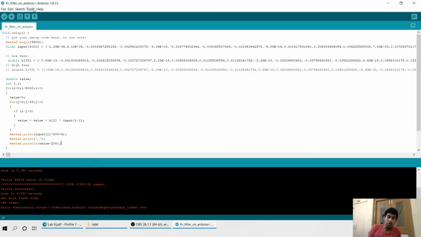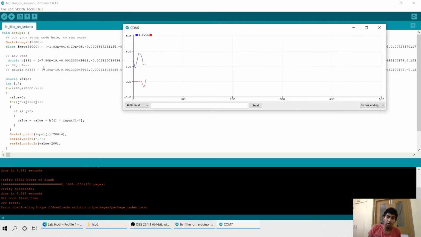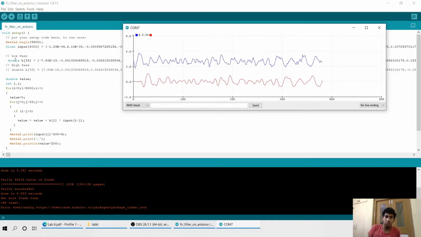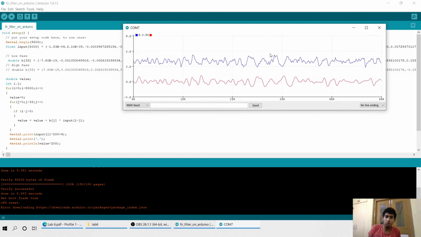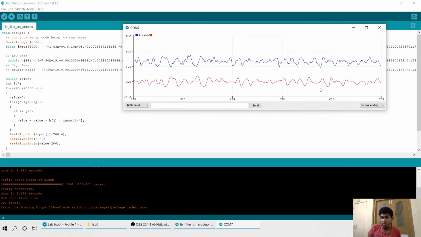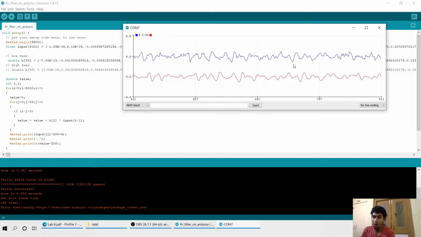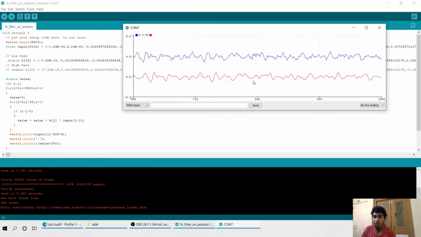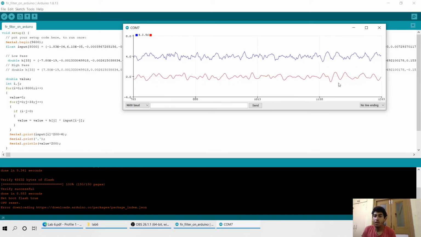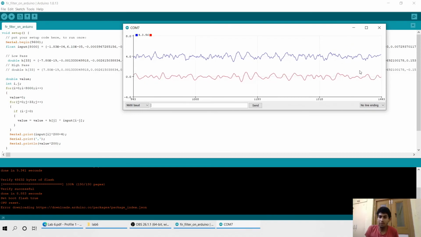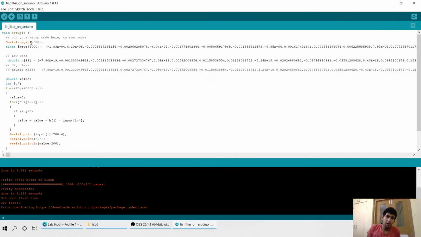I've already uploaded this onto the board, and we can just open the serial plotter to observe the output. This is the output for the low pass filter, because this is the impulse response of the low pass filter, and as you can see the output is much smoothed out. We have high frequency components here, but smoother components here.